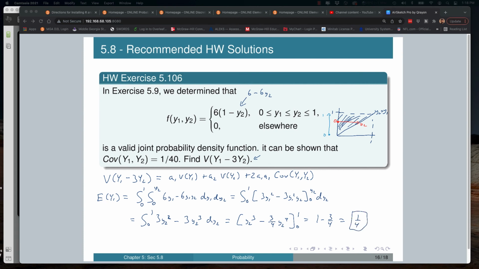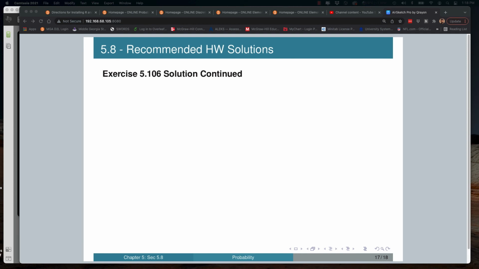One of the many. All right, so now I'm going to go ahead and find the expected value of y sub 1 squared. Again, I'm just going to skip the step and multiply the y sub 1 squared directly into that first function that we had, and my limits of integration are going to stay the same. Figure why not? You can change them up if you want. It's totally up to you.